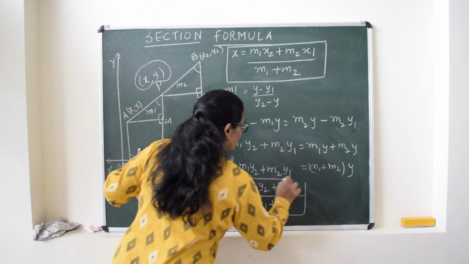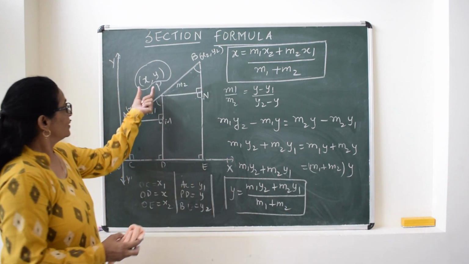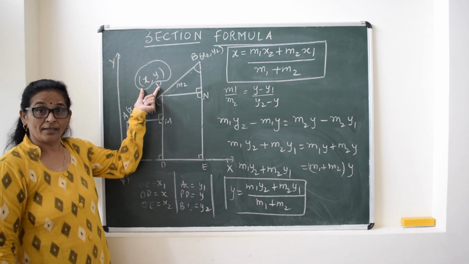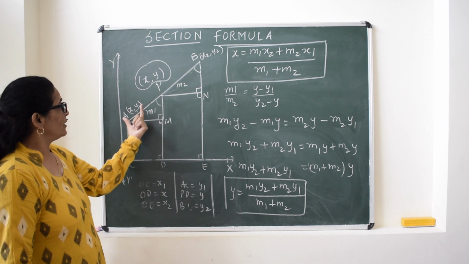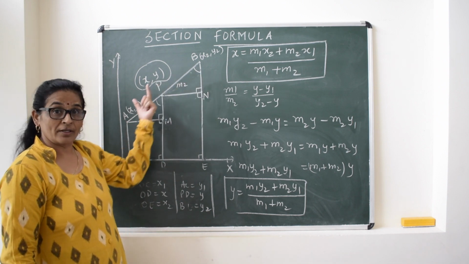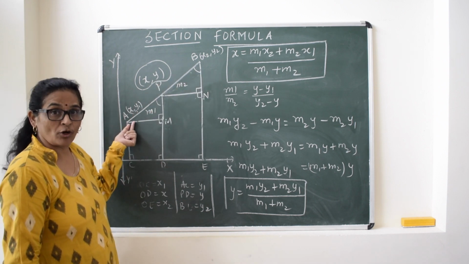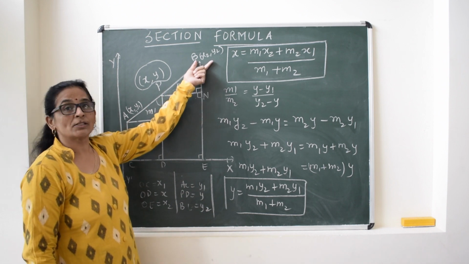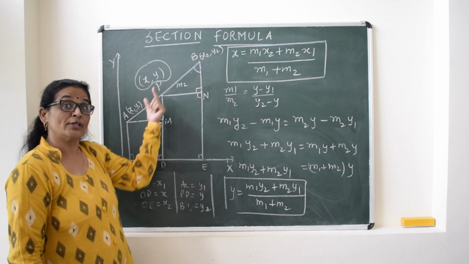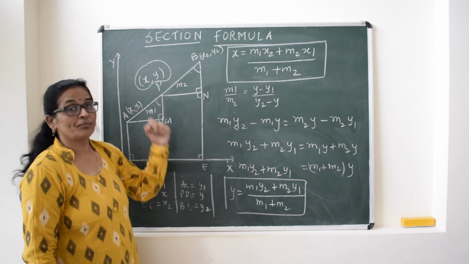These are the two values which are the coordinates of point P, which is dividing the given line segment AB, where the coordinates of A are x1, y1 and the coordinates of B are x2, y2, and the ratio is m1 is to m2.